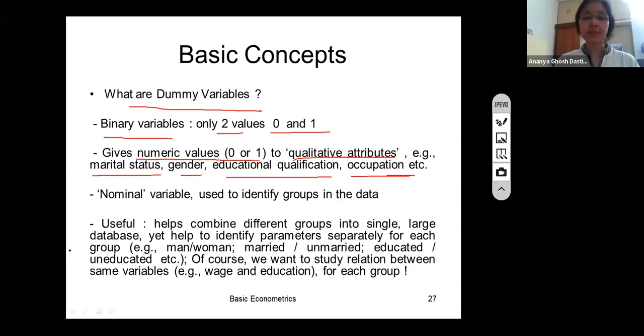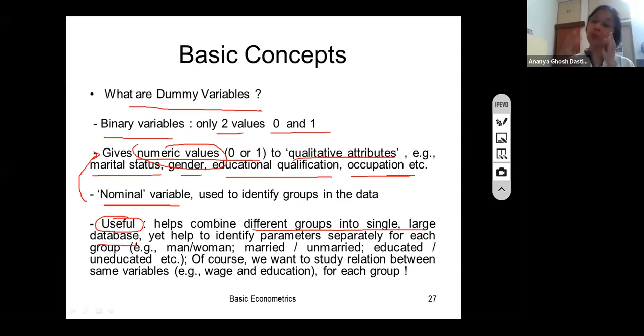So typically, nominal variables are used to identify groups in the data. I'll show you what I mean. And then you convert those nominal variables and give them numeric values using dummy variables. Essentially, the use of dummy variables is to help combine different groups into a single large database. That's one good thing.